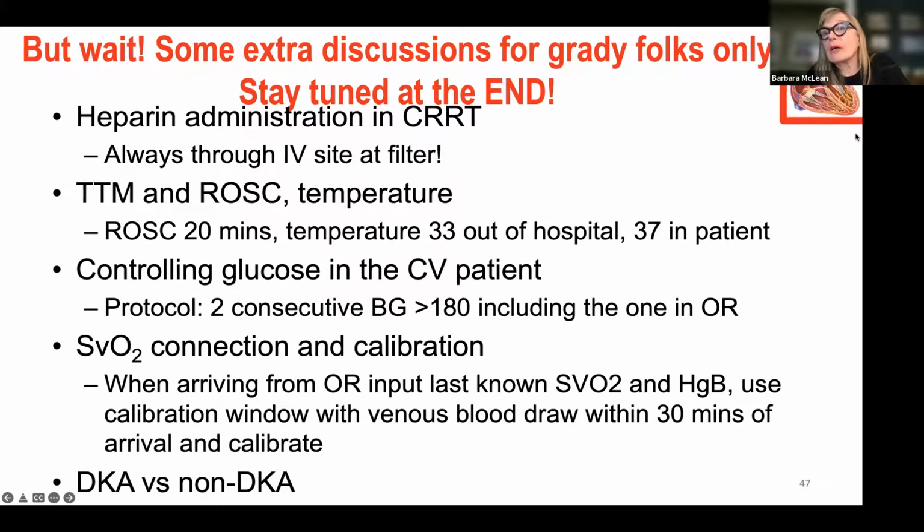The problem is that at Grady, at other hospitals, you do a blood gas and you get the report in 10 minutes or 15 minutes. Sometimes it takes an hour, sometimes an hour and a half. That's too long for an unstable, fragile post-cardiac surgical patient. So what Dr. Ward has asked, and I can appreciate what she's saying, is when the patient comes into the unit, you're going to just input the SpO2 that was the last SpO2 measured by anesthesia and the last hemoglobin that they measured. But your commitment is within 30 minutes, you're going to draw a venous gas so that you can recalibrate.